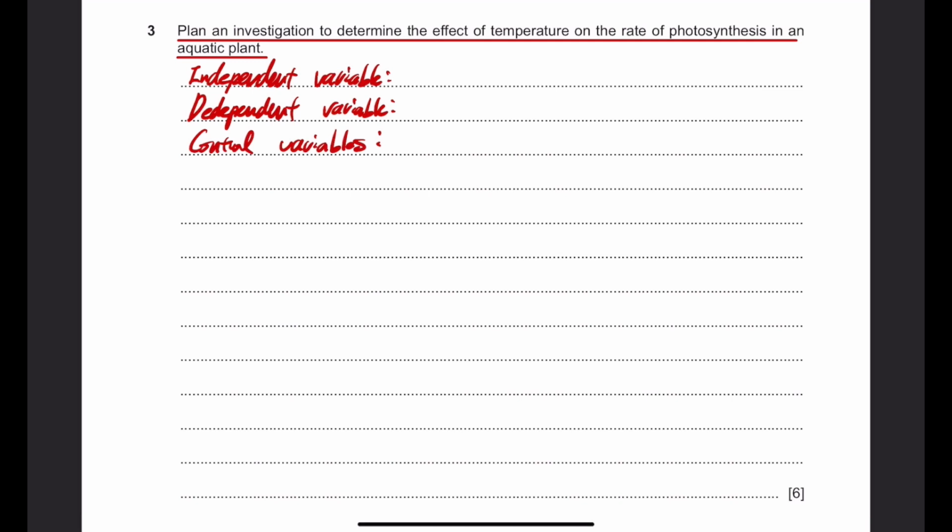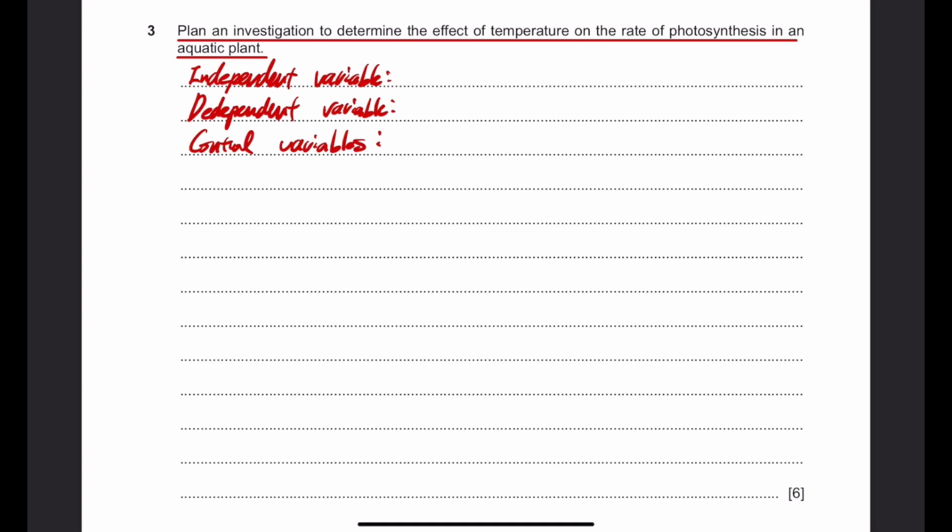In this way, you show the marker or your teacher that you know what to do. They'll read it thoroughly. And even if they don't read it thoroughly, they get the idea that you know the answer for this.